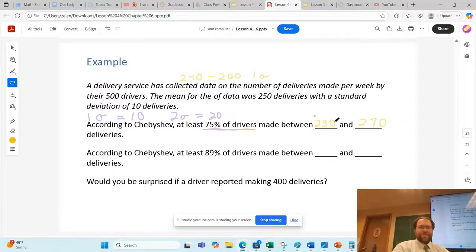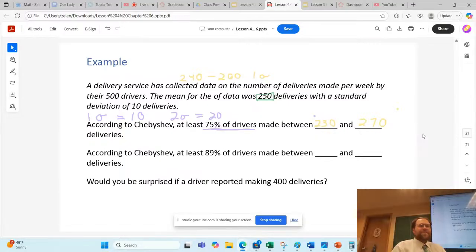So the mean was 250. Chebyshev's theorem says it can go by 2 standard deviations. It says 250 deliveries with a standard deviation of 10.